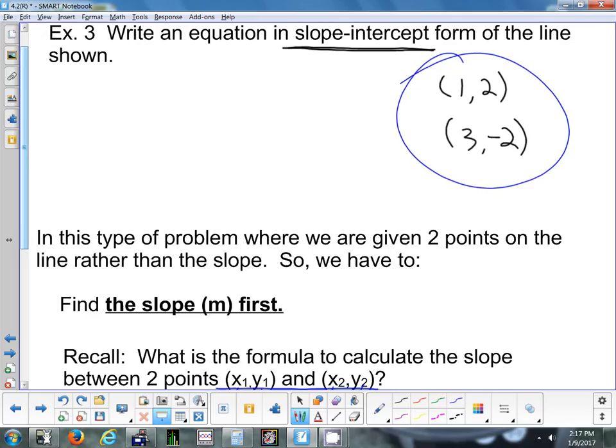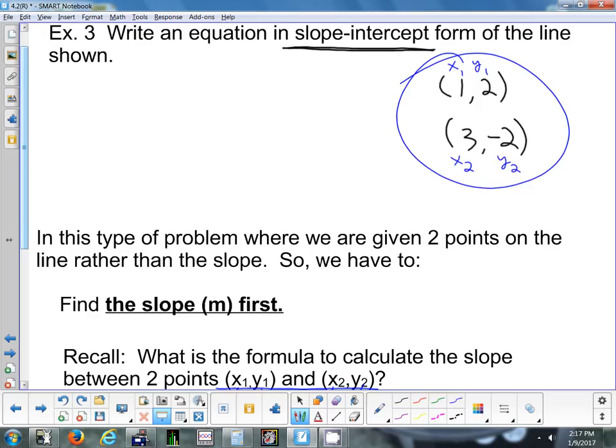Yeah, 1. Sure. This could be x1. So which one is x2? 3. Okay, so far I like it. Which one is y1? Yep. The y1 has to go with the x1. And which one is y2?